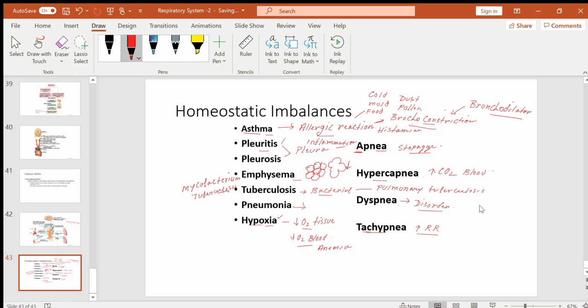Another one is bronchitis. Bronchitis, very commonly heard, right? And it could be acute. It will appear suddenly and go away in a few days or a couple of weeks. That is acute. And chronic will stay for years or the rest of the life. So chronic bronchitis. Okay. What happens in bronchitis?